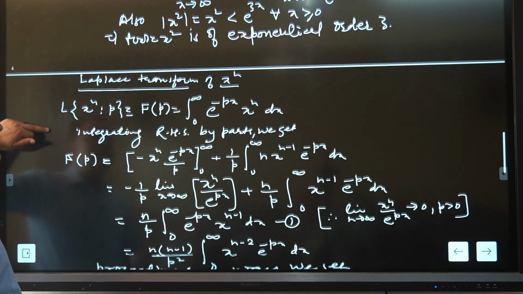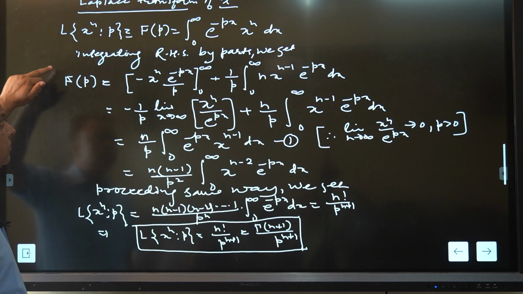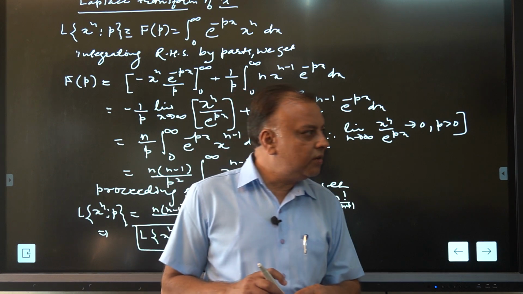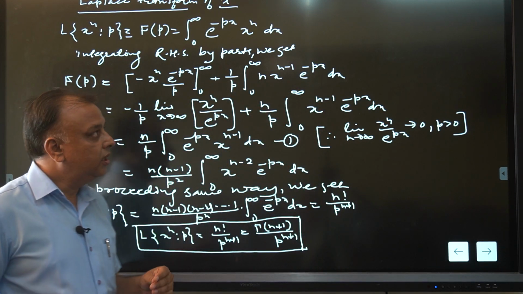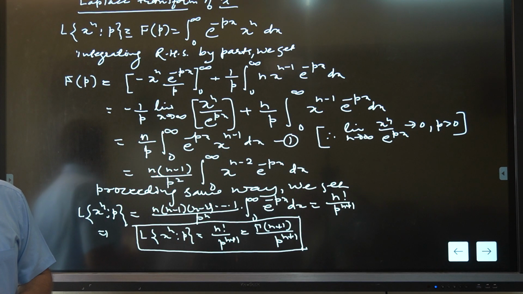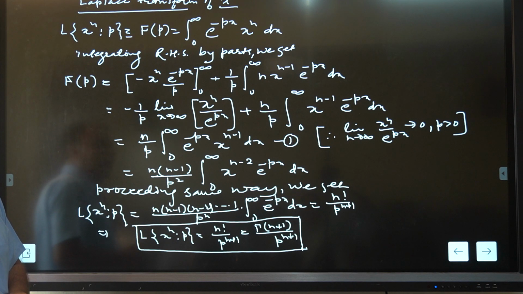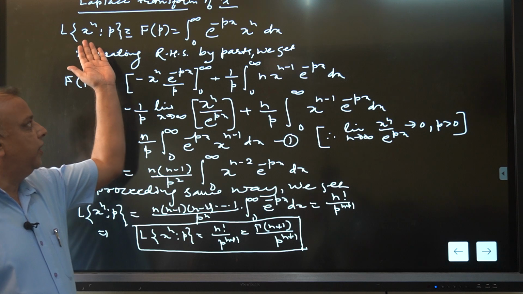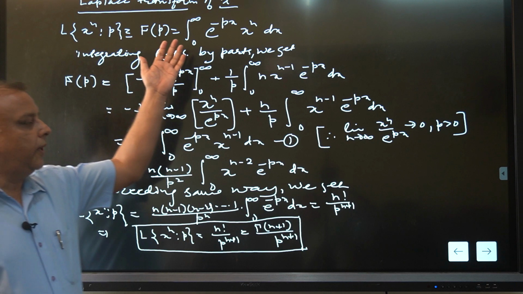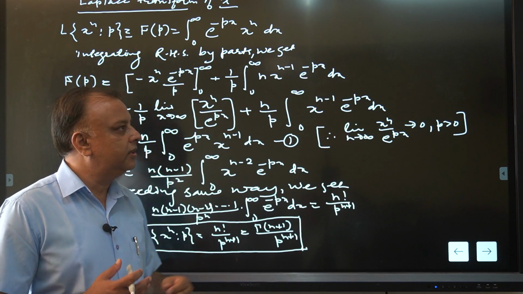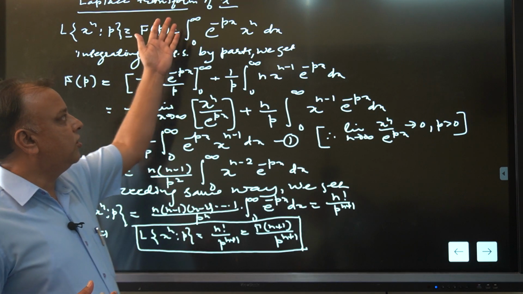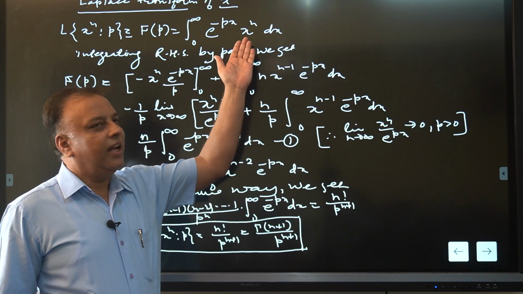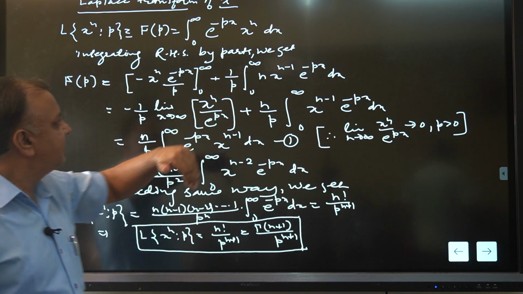Now if we calculate the Laplace transformations of some functions, the first important function is the Laplace transformation of x raised to n. If we find the Laplace transformation of x raised to n, then by the definition of the Laplace transformation, this is equal to the integral from 0 to infinity of e raised to minus px times x raised to n dx.